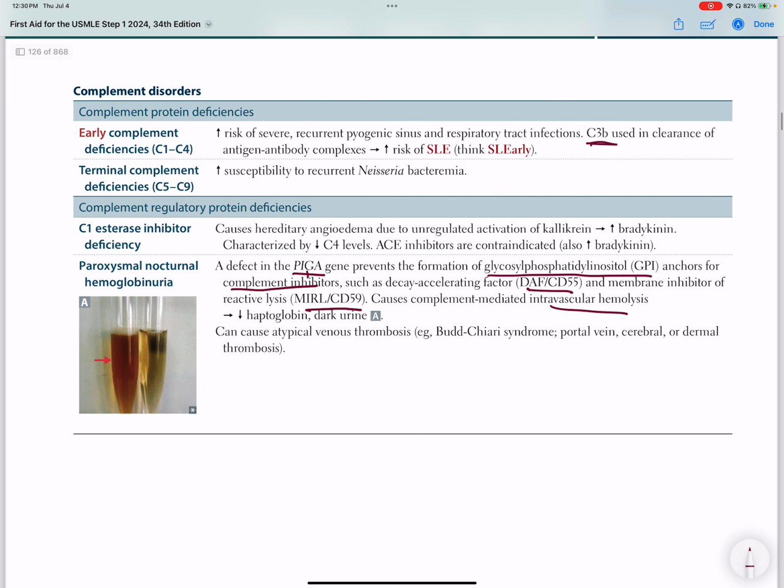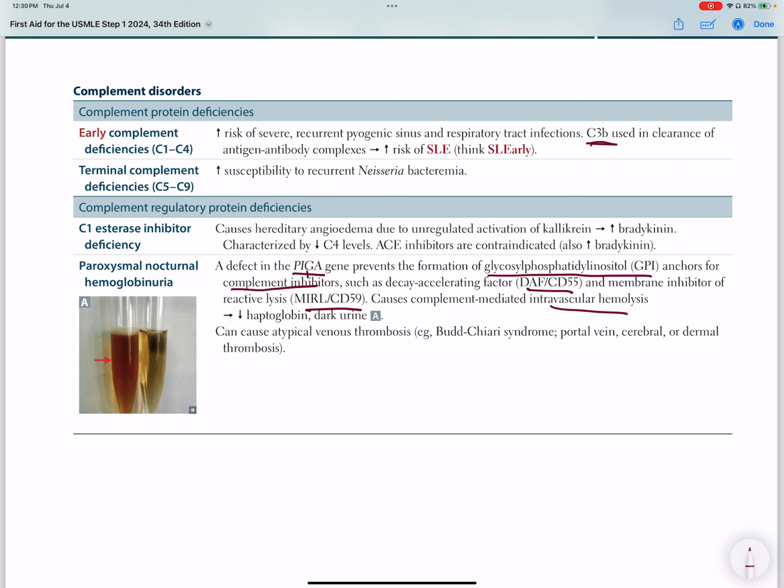Complement disorders: early complement deficiencies and terminal complement deficiencies, and regulatory protein deficiencies. Let's see what the protein deficiencies are. Early is C1 to C4, terminal is C5 to C9.